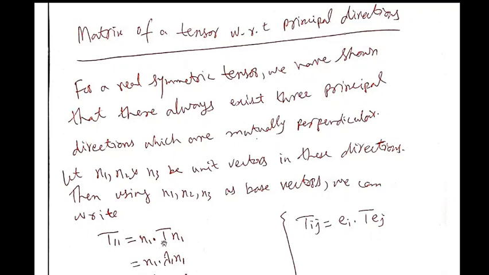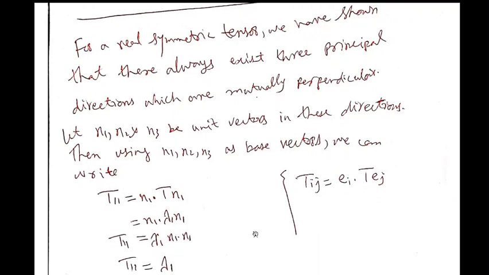T11 equals n1 dot Tn1. We know that components of tensor T with respect to basis ei can be written as Tij equals ei dot Tej. So here we have n1, n2, n3 instead of e1, e2 and e3. So T11 equals n1 dot Tn1.